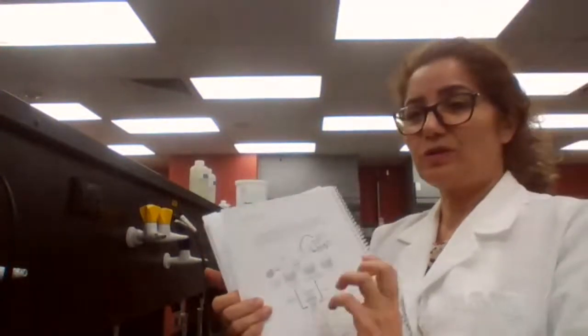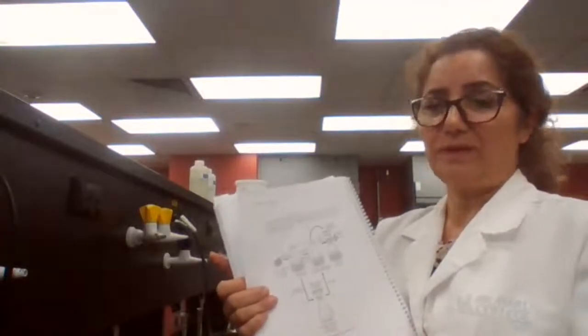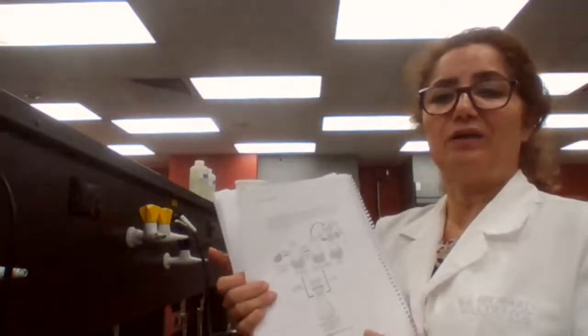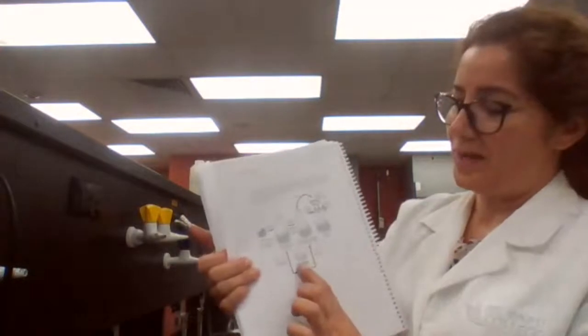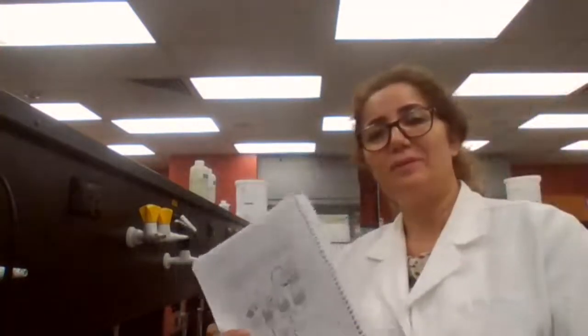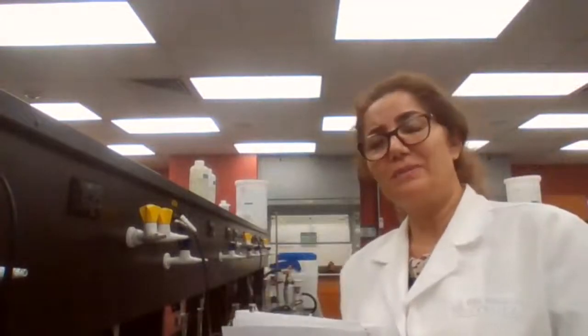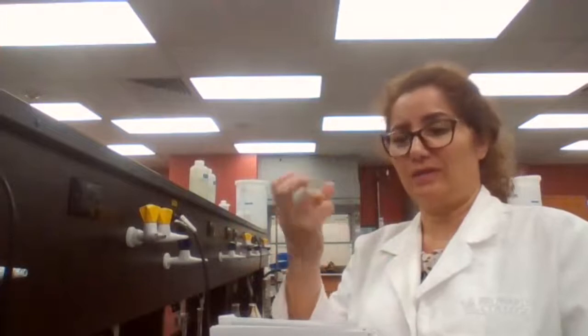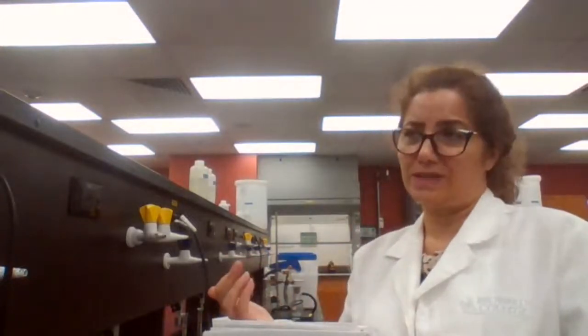So the solvent should not dissolve insoluble impurities, and if you have insoluble impurities, you would separate them by hot filtration. Or if your sample dissolves at high temperature and you get it back at cold temperature, but the impurities dissolve at high temperature, they should stay soluble, and when you cool down the solvent, the impurities should stay in the solution and should not go back to crystals again.